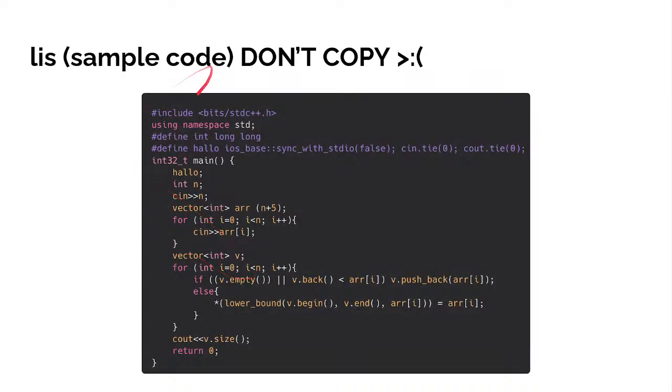This is the sample code. This is our array, our list array. Then after that we scan array i. If this is the first element of the list, or if we can append it to the back, we can simply append it to the back, or else we set lower_bound(v.begin(), v.end(), array[i]) to be equal to array[i].